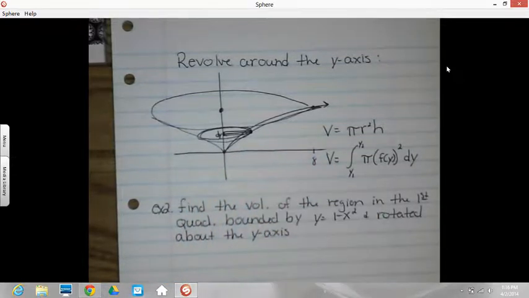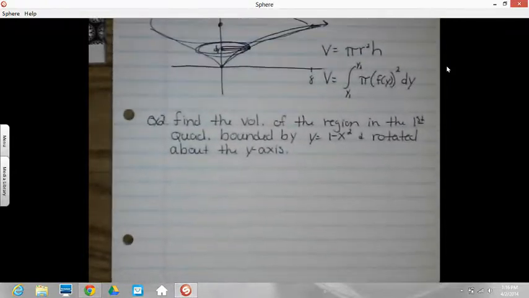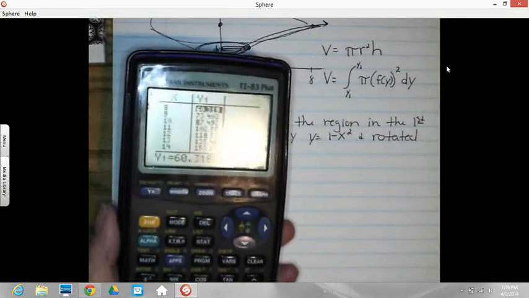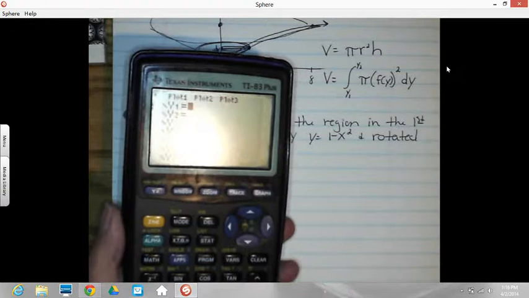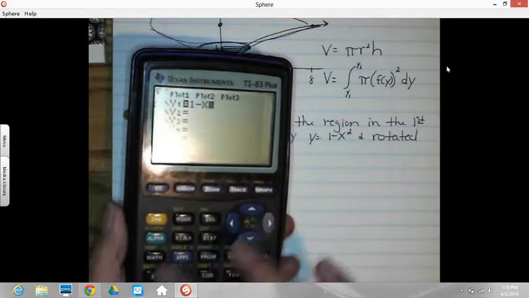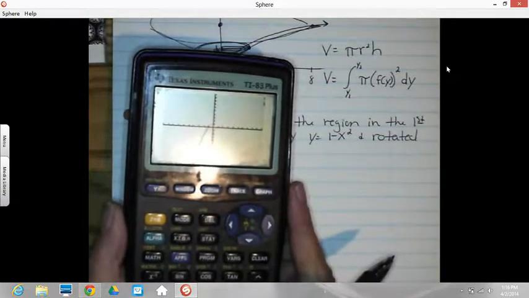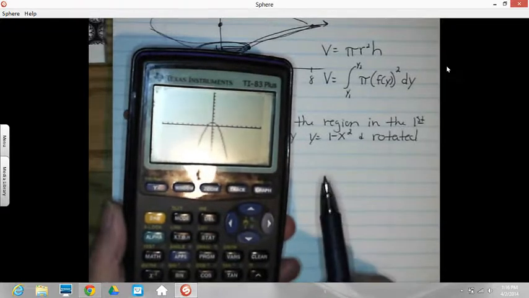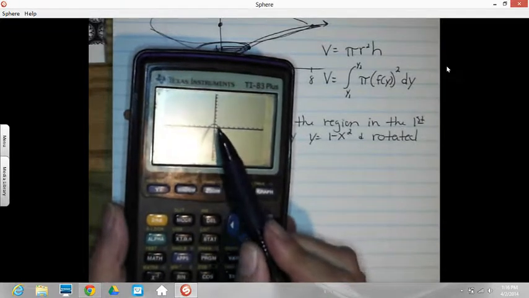Okay, sketch is huge. Start with a sketch. So if I graph 1 minus x squared, and I only want the part that's in the first quadrant, so from there to there.